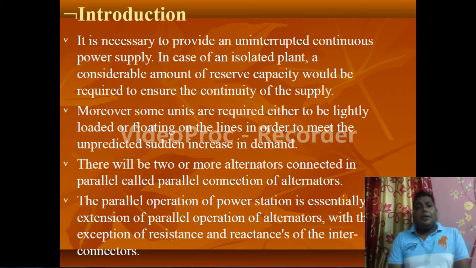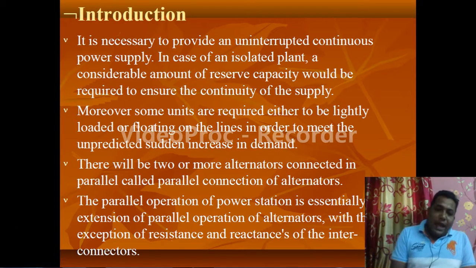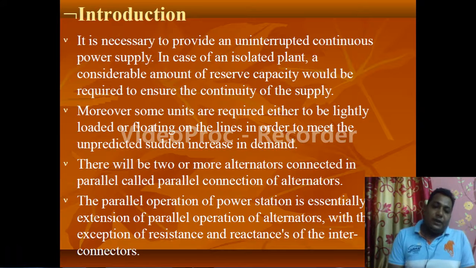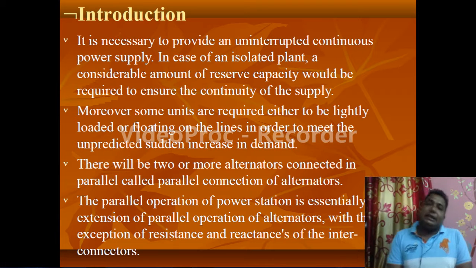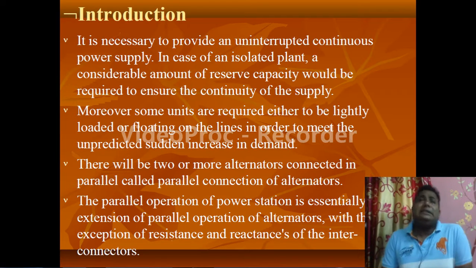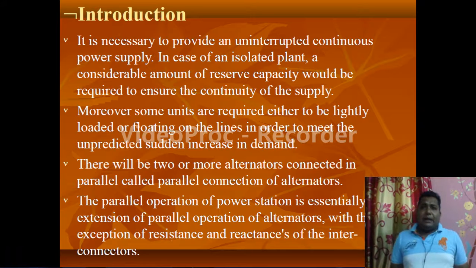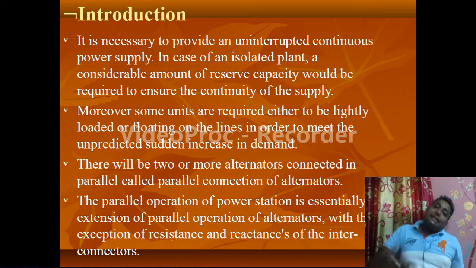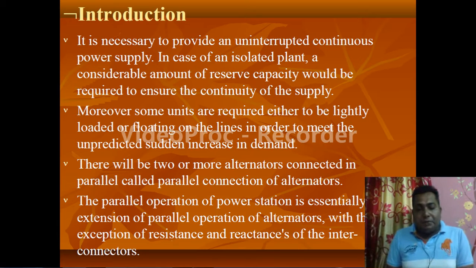The parallel operation of power stations is essentially an extension of parallel operation of alternators, with the exception of the resistance and reactance of the interconnection. So one more thing: say in a power plant, 5 alternators are generating energy. Those 5 alternators are connected together in parallel, and that system is connected to the grid system.